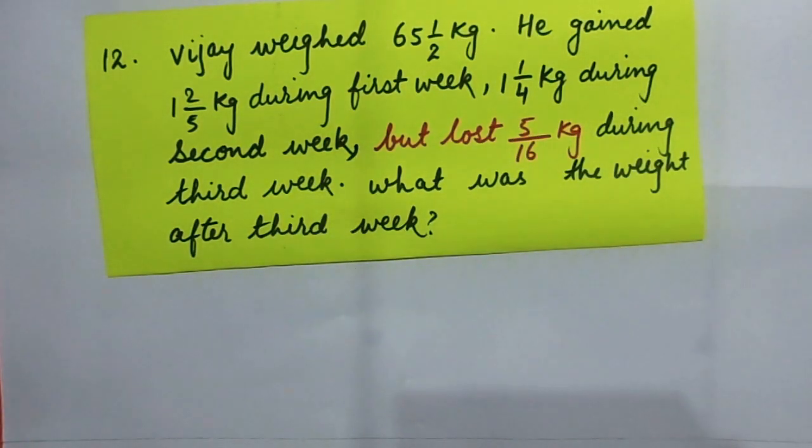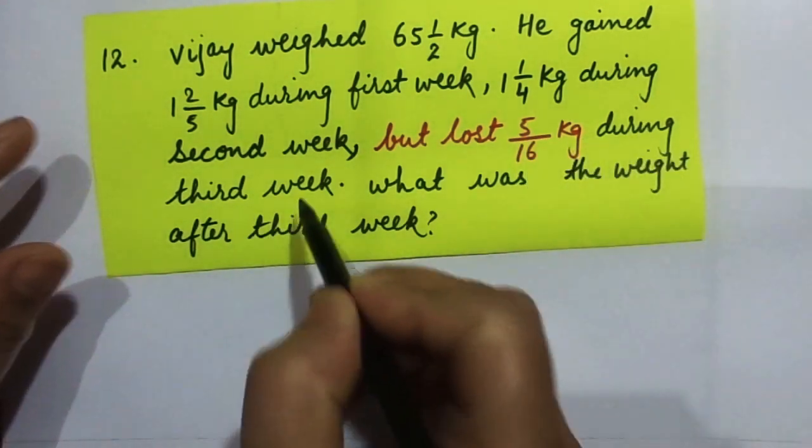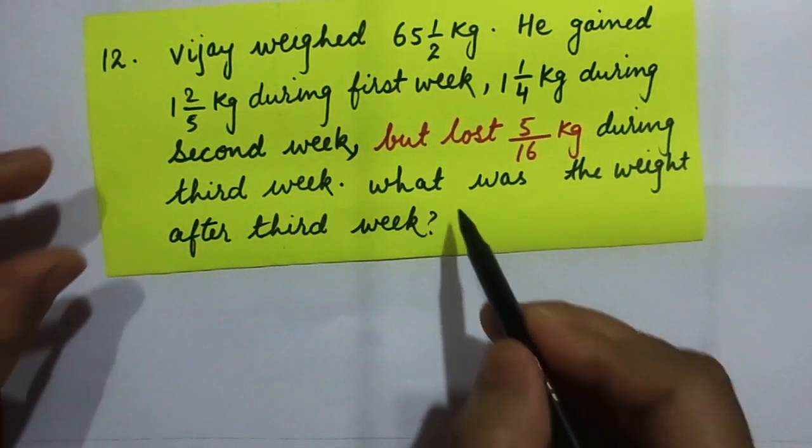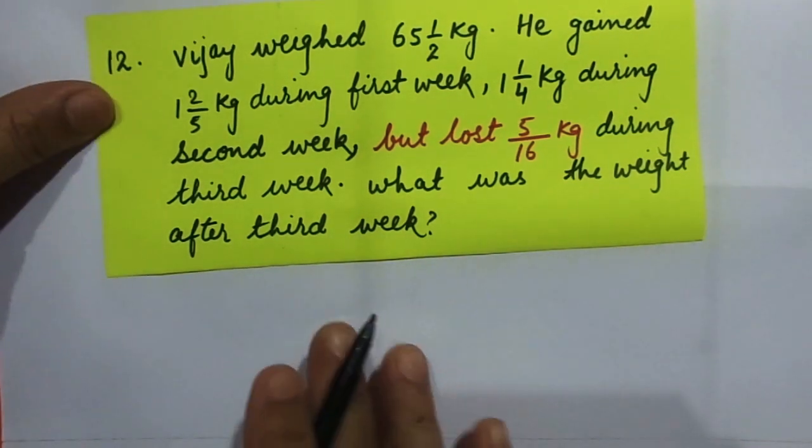But after the lockdown, he found that his belly was too big. Therefore, he started running and he lost 5 by 16 kg during the third week. So, what was the weight after the third week?